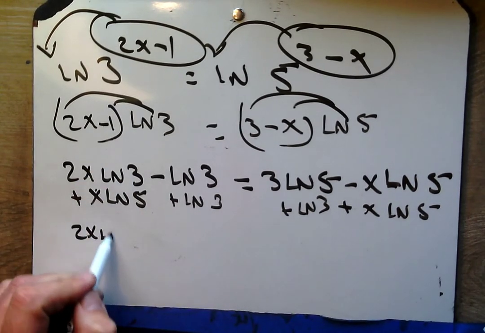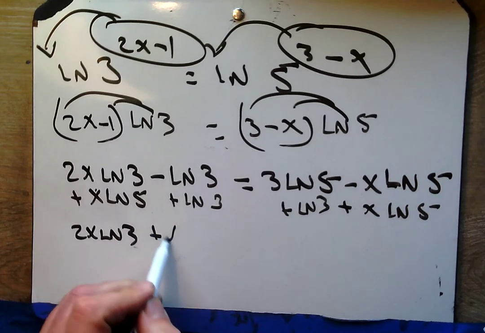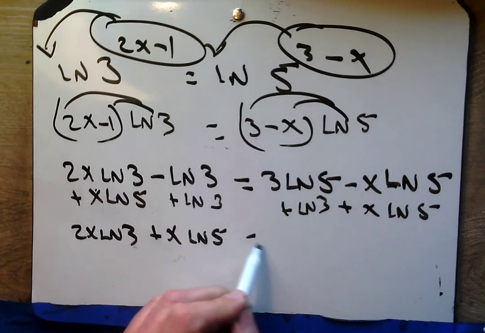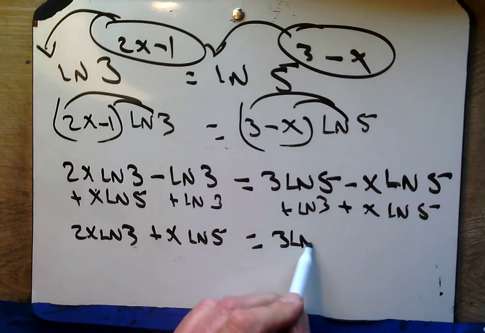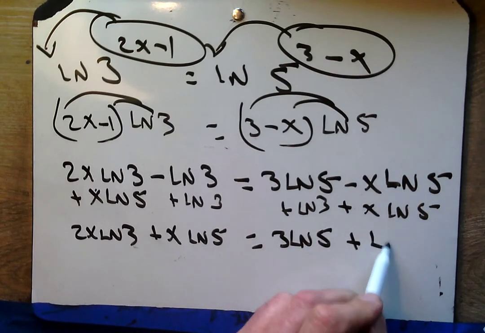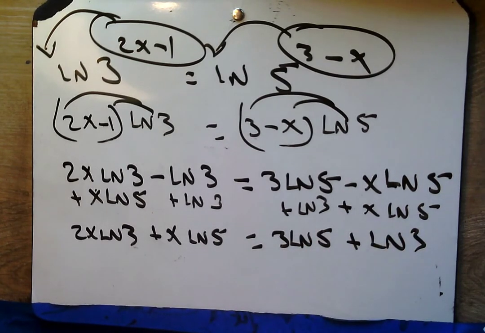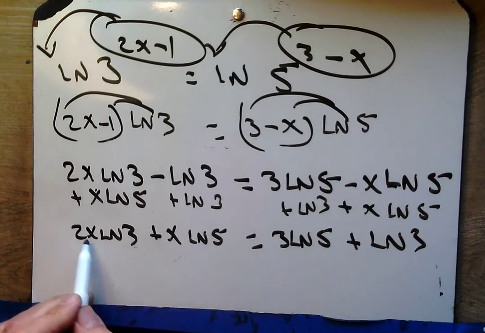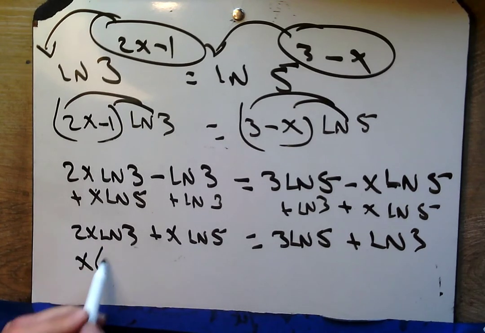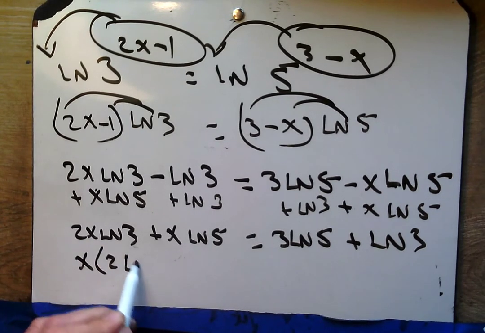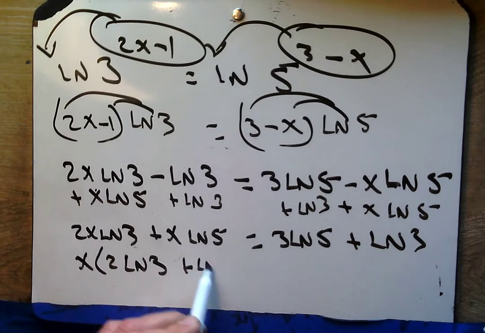Sorry. 2x ln of 3 plus x ln of 5 equals 3 ln of 5 plus ln of 3. Okay, almost done. Notice how both of these terms have an x. Let's factor it out. So x times (2 ln 3 plus ln 5).